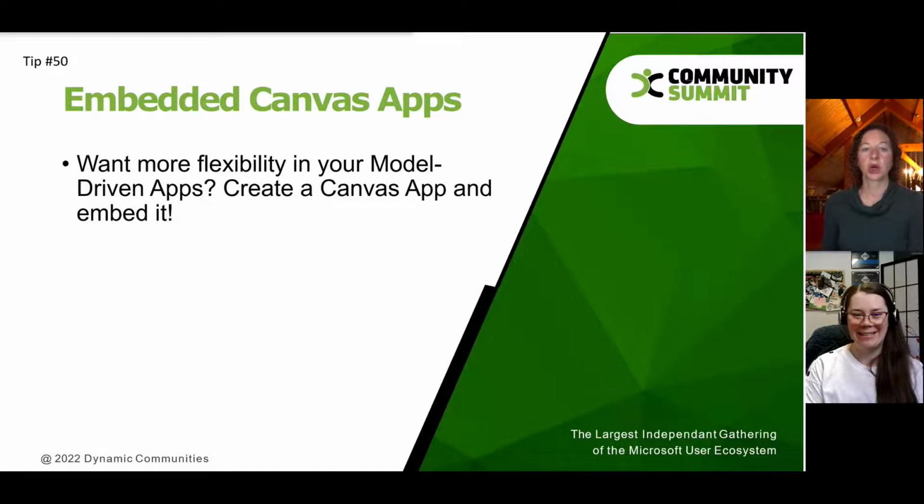Go ahead. So Canvas apps are cool because they can be anything you want them to be, right? They don't have the confines that a model-driven app does. And now if you want more flexibility in your model-driven app, you can go through and add a page. Remember we talked about table-based view and form or dashboard or custom. So custom is a Canvas app. So you can embed your Canvas app directly in your model-driven app, which gives you so much more power.